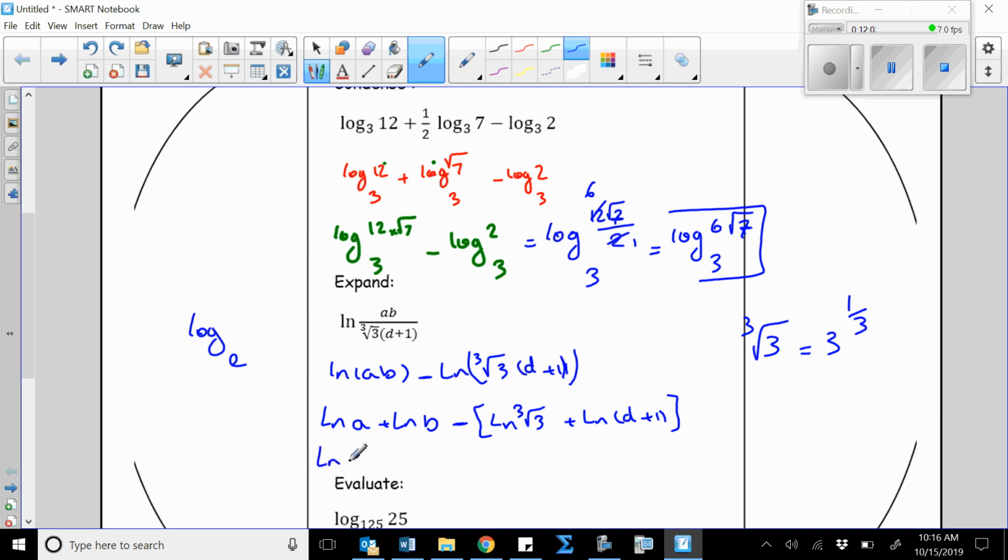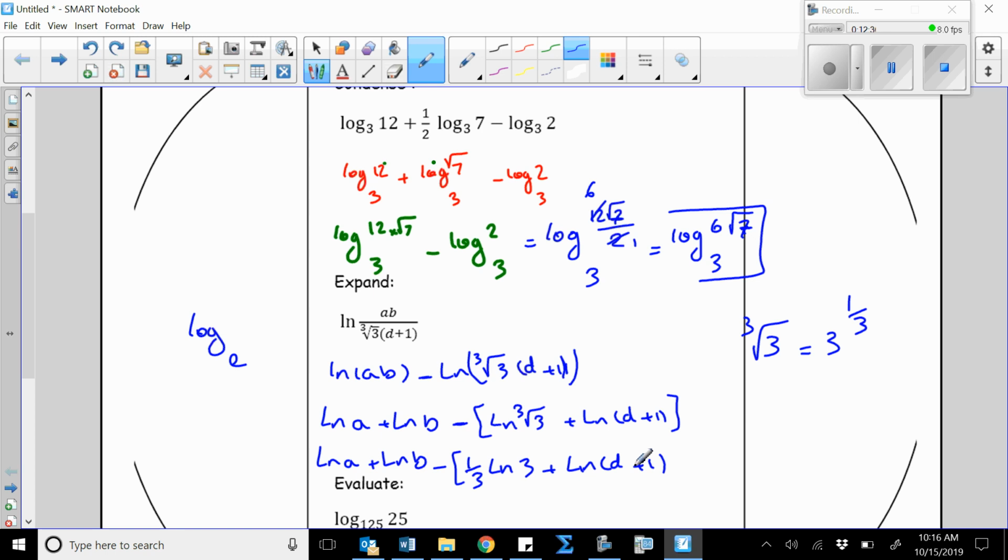So I'm going to keep the first ones as they are, minus. Here, instead of writing cube root of 3, I'm going to write 1 over 3 natural log of 3 plus natural log of d plus 1. We cannot make any changes on natural log of d plus 1 because this is the addition between two terms, not multiplication.